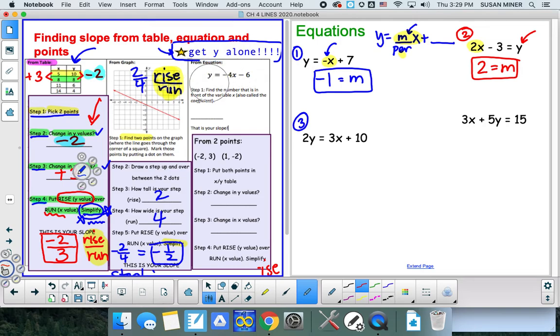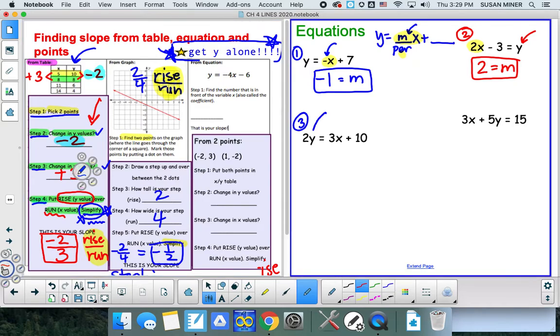Remember, the number one thing that we have to do here is get y alone. That's the very first thing that we want to do in our equation. And so I have to look and say, is y alone? And in this equation, it's not. And so I need to get rid of this number that's connected to my y. So I need to divide both sides by 2. I'm going to divide everything over here.